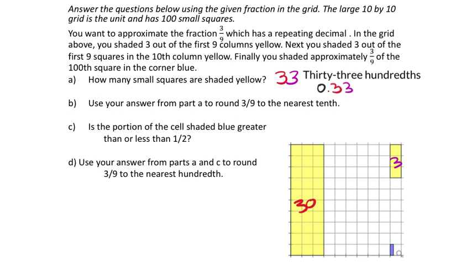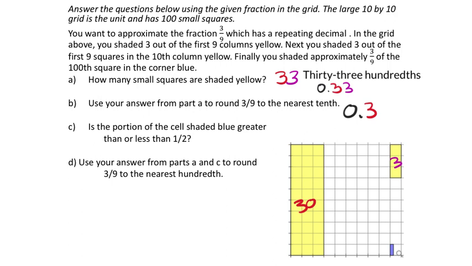Now this part B says round to the nearest tenth, which is the 3 in red. So to the right is less than 5, so we're just going to keep that 3 in the tenths place value a 3. So rounded to the nearest tenth, we got 0.3, or just 3/10ths. Rounded, of course.